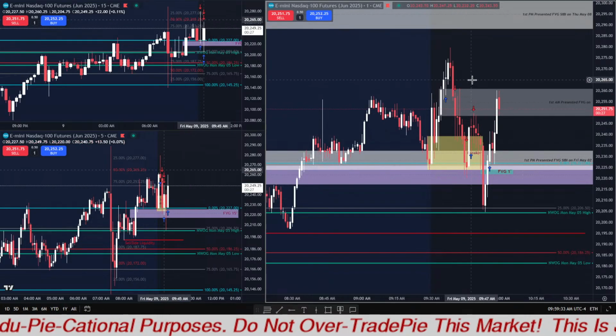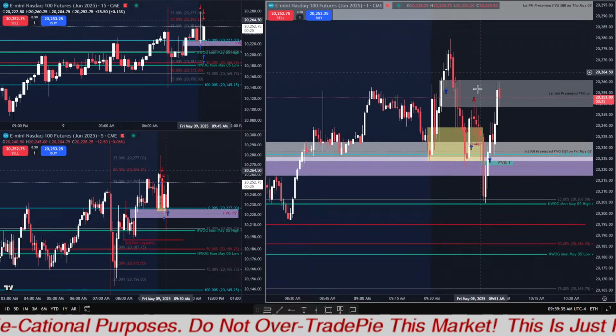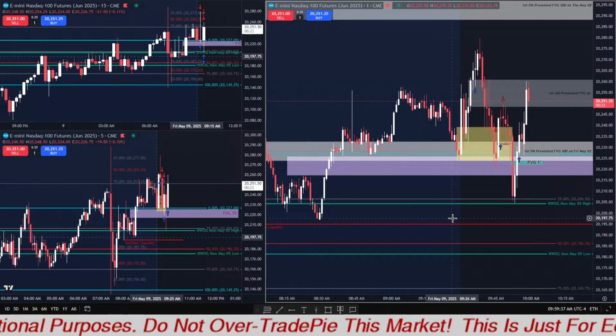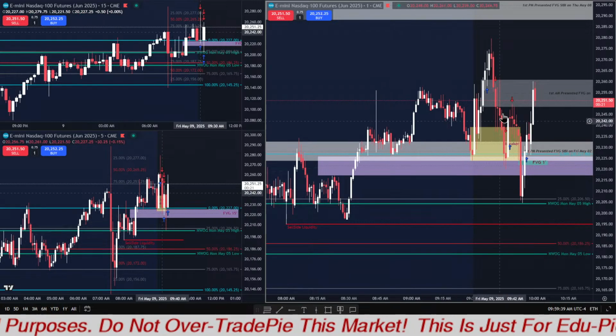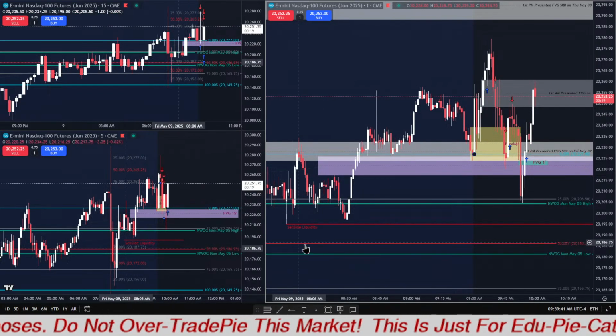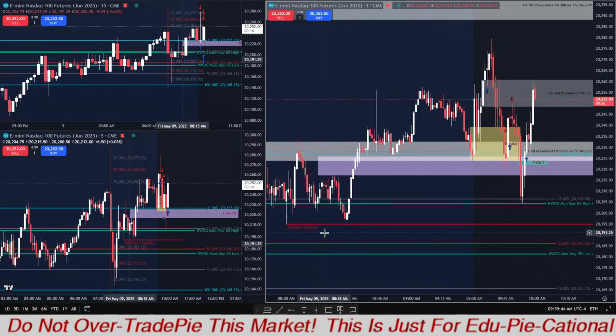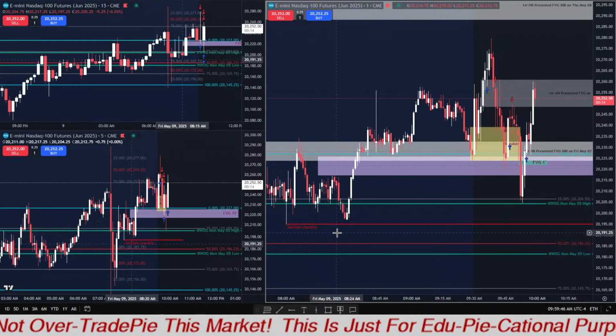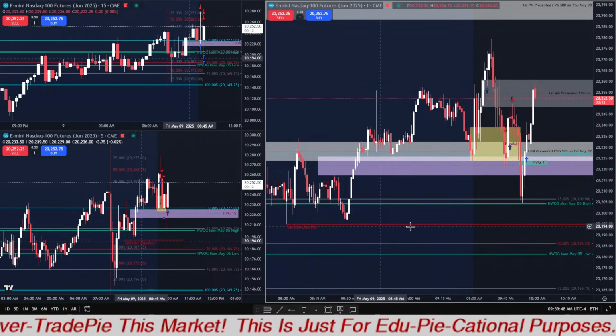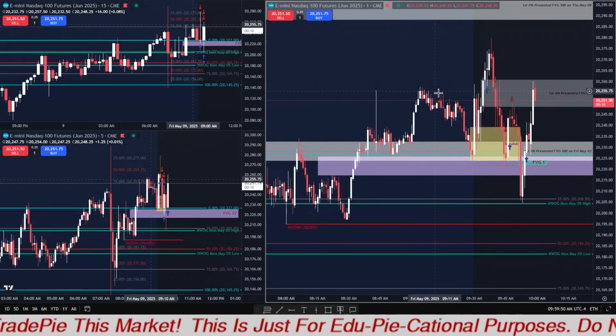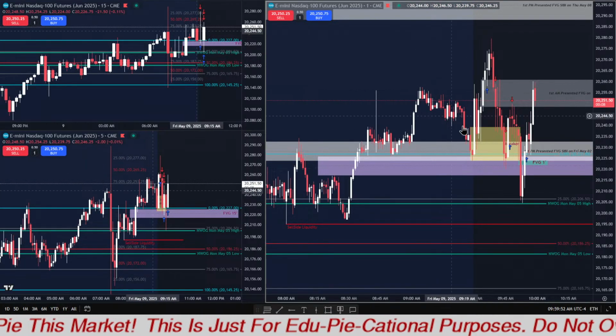I don't think that we are going to have any problem seeing lower prices at this point, because this sell side liquidity, in my opinion, is still untouched, and we require to reach over here since we cleared the buy side liquidity up here in the market.